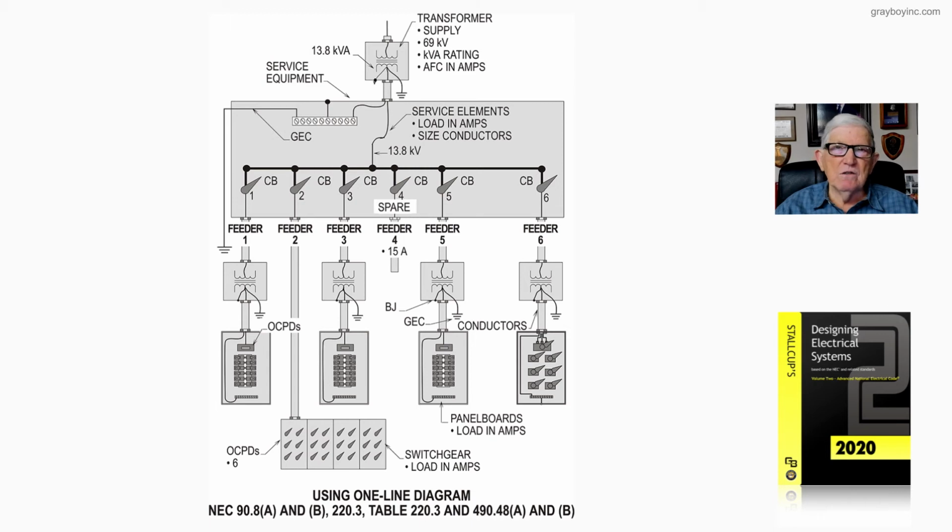Any switchgear, any type of panelboards or switchboards, whatever you may put in a substation and run a feeder up to a facility, 490.48A1 through 9, as well as Part B to 490.48. Now, those are some very important sections.